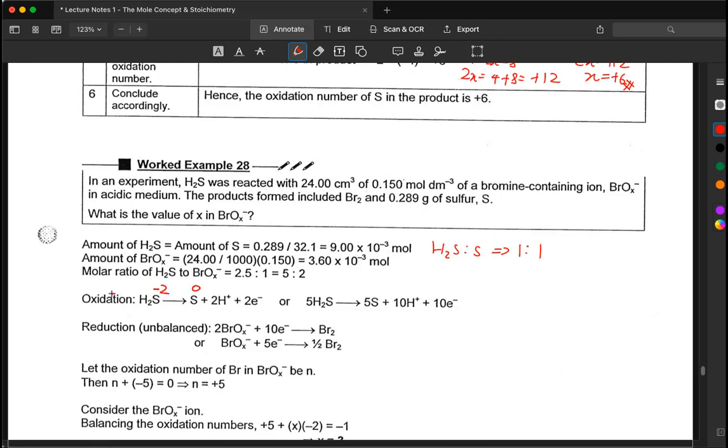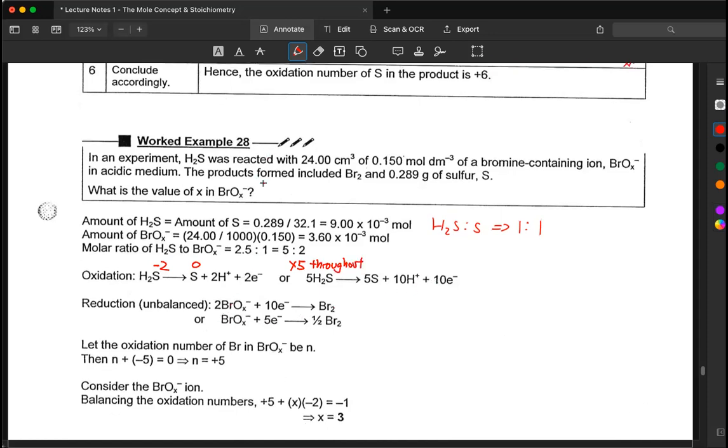So this one is oxidation. And because there are 5 moles of H2S involved, I multiply by 5 throughout, so later it is easier to add the 2 half equations together.